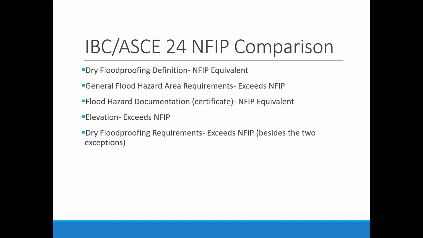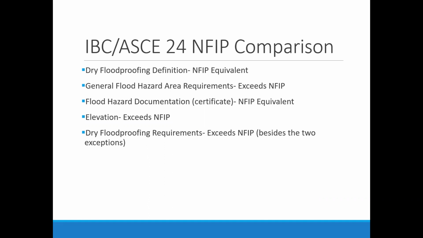There are 2 very small exceptions to that, but not even really worth mentioning. The elevation is specified as either the freeboard or the design flood elevation, whichever is higher, and then the dry floodproofing requirements are more specific on the soil or fill type, what kind of soil you're working with. It has to be compacted and protected.